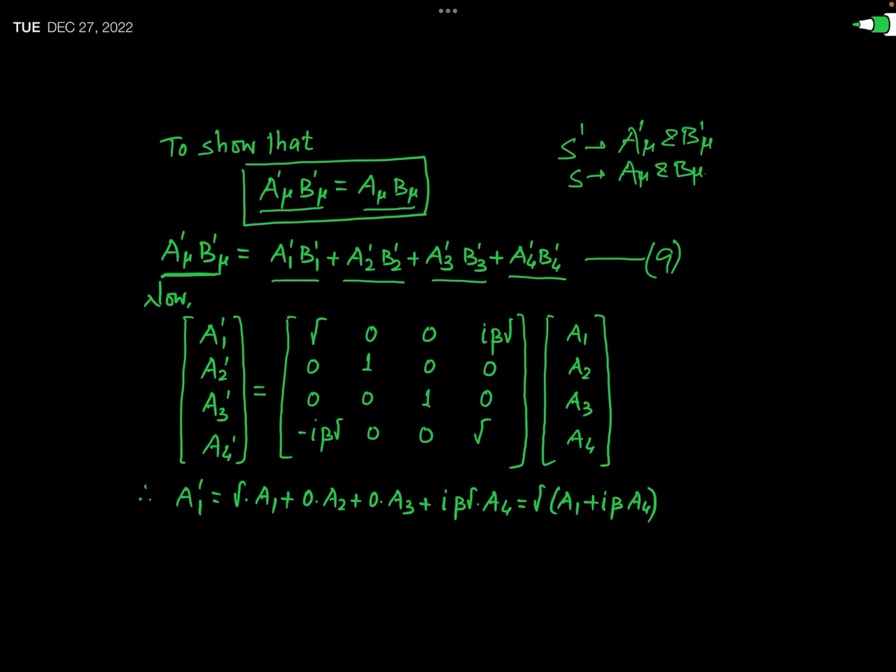How can we find these components? These are the components of a 4 vector in S prime frame.